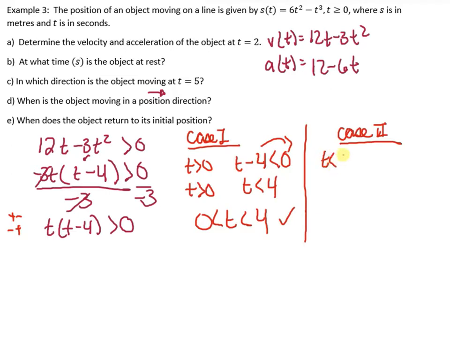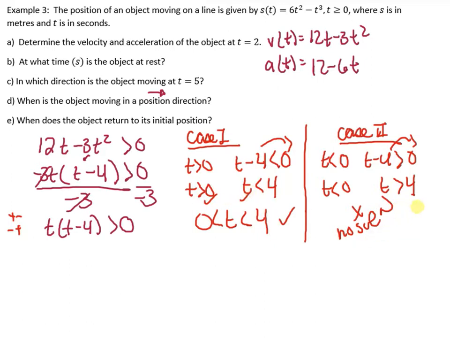Now let's take a look at case 2. This is when t is less than 0 and t minus 4 is greater than 0. Can t ever be less than 0 while it's greater than 4? No, so there's no solution there. The first two can work at the same time; these two cannot.